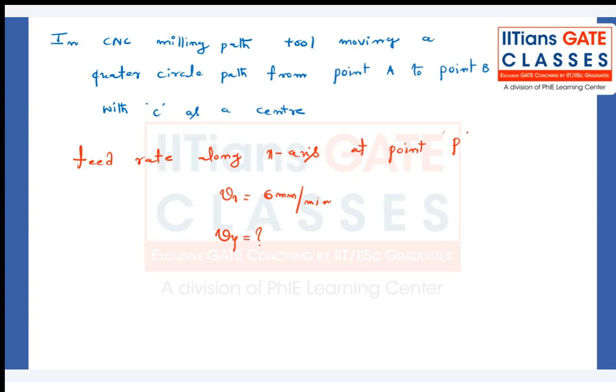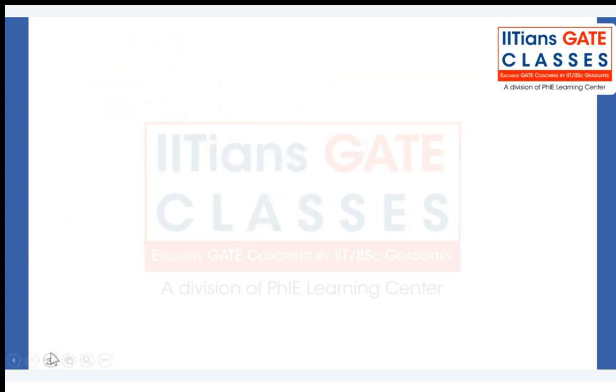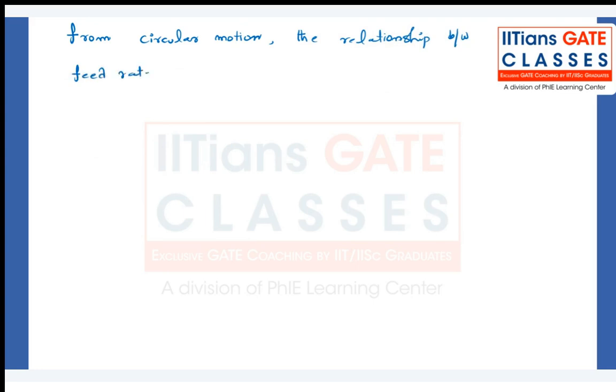From circular motion, the relationship between the feed rates is based on the parametric equation of the circle. The relationship between feed rates based on the parametric equation of the circle.